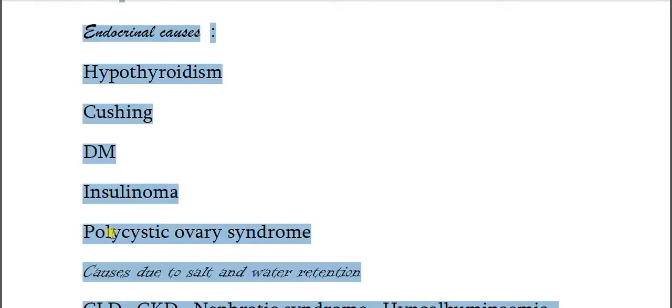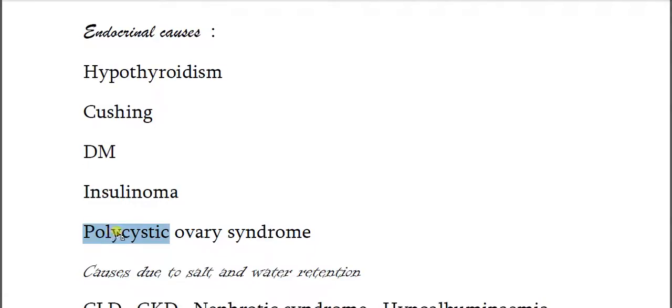Polycystic ovary syndrome. Any history of tummy pain or lower flank pain? Okay. Any history of abnormal hair growth? But you asked it before in Cushing, no need to ask again.